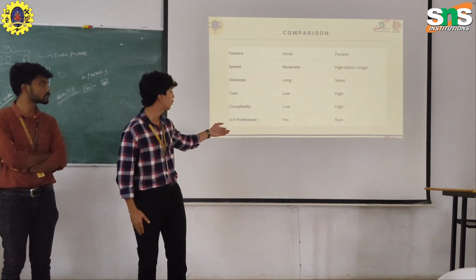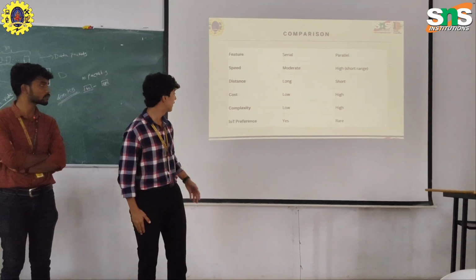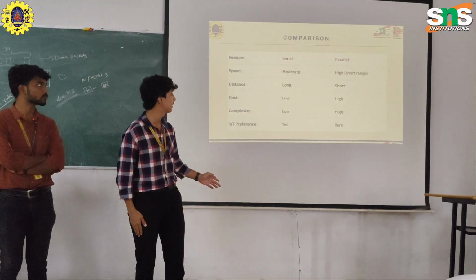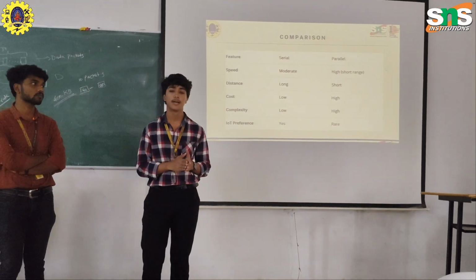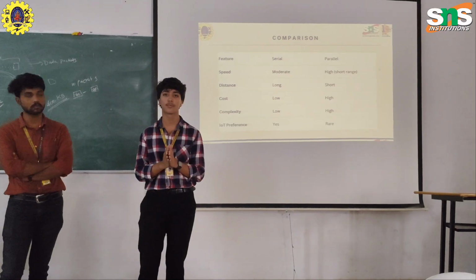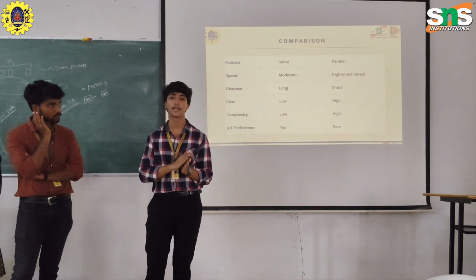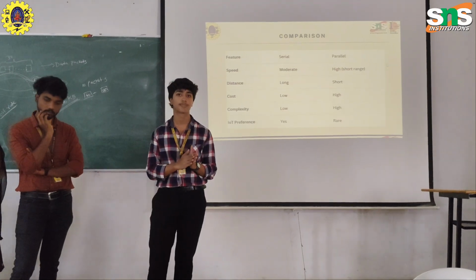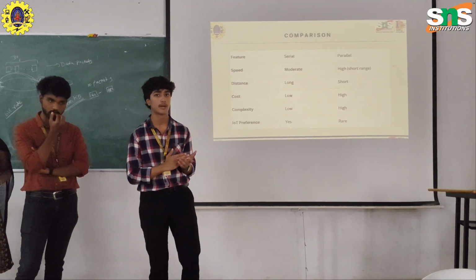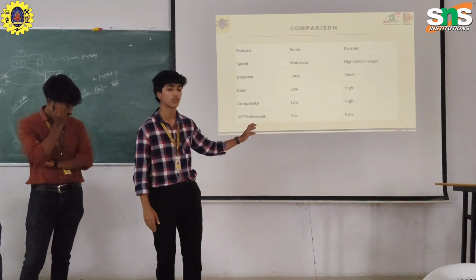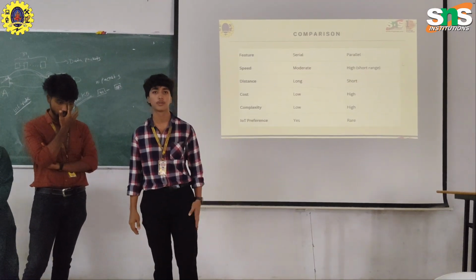Complexity is low in serial and higher in parallel. IoT preference is more for serial as it is cost effective and IoT requires long distances, but parallel is used very rarely.